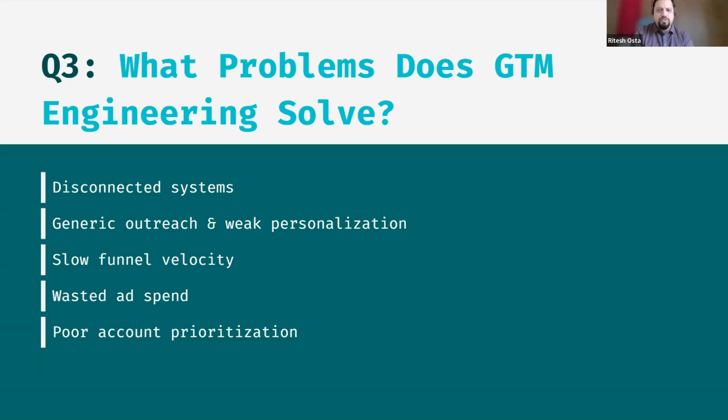And then you can also use automation to do outreach in mass, or run ads, with more personalization and so on. It solves the problem of slow funnel velocity, right? So if there is a sales velocity which is lower, it can make it faster. It can solve the problem of wasted ad spend, correct? Because it connects the dots.